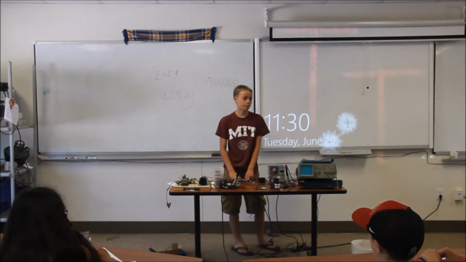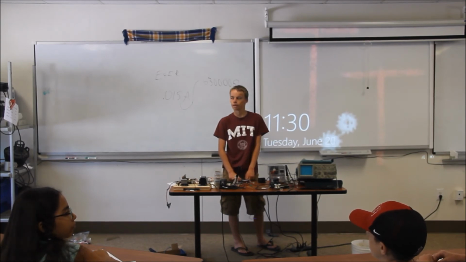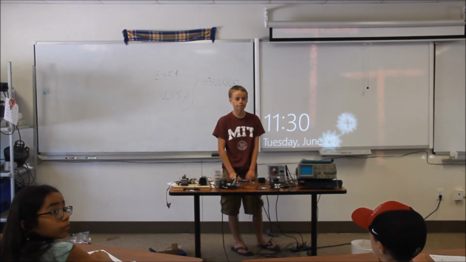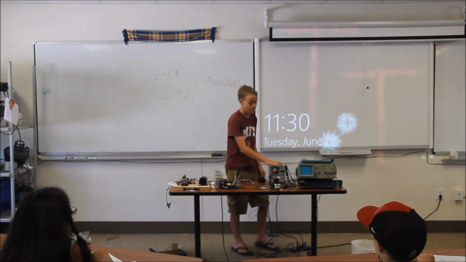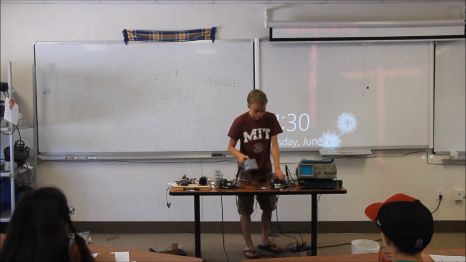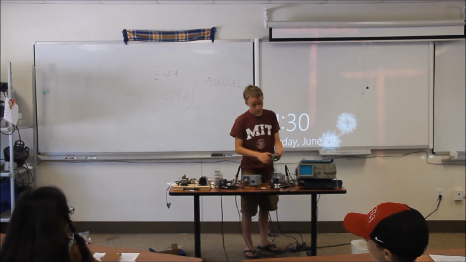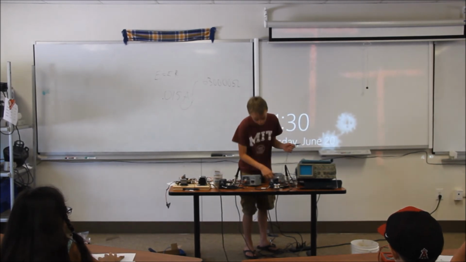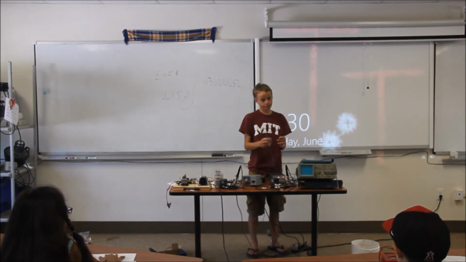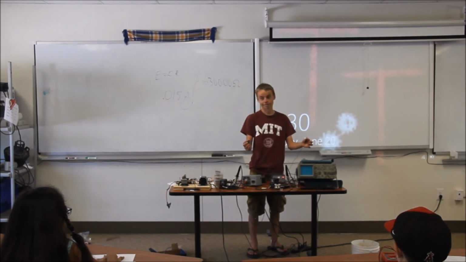Anyone have any questions about the safety and the current that kills people and stuff? No? Okay. Well, these two cords right now have a potential difference of 12 volts, and if I touch them, I'm fine.